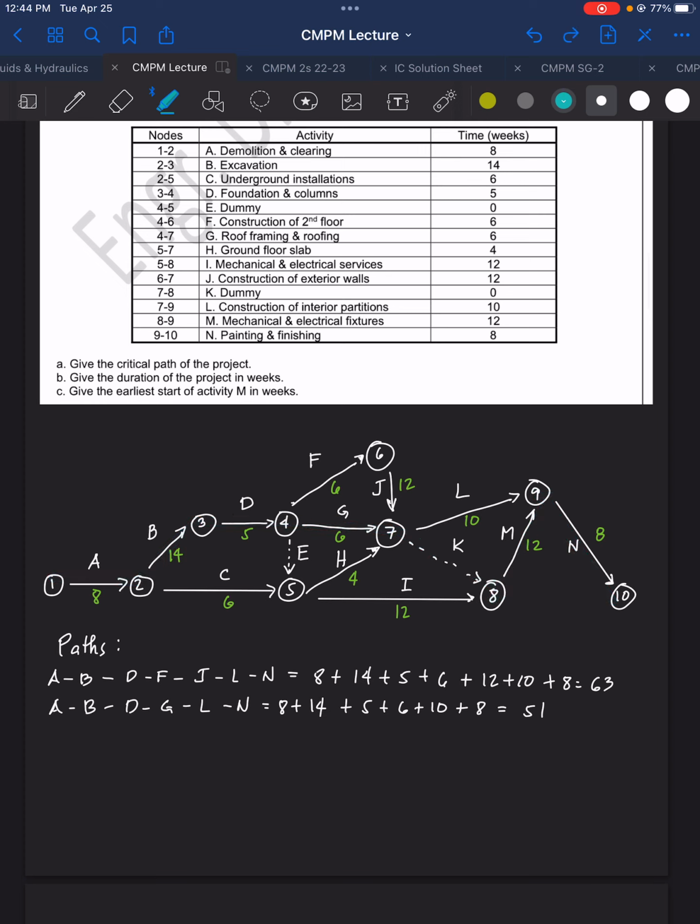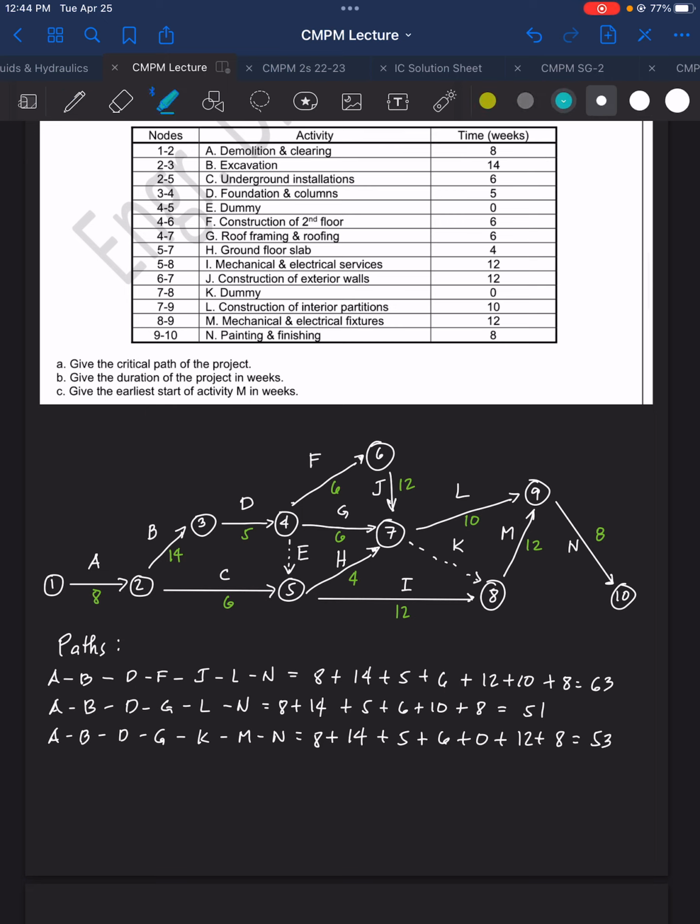A, B, D, G, K, M, N. So that is equal to 8 plus 14 plus 5 plus 6 plus 0 plus 12 plus 8, and that is equal to 53 weeks.